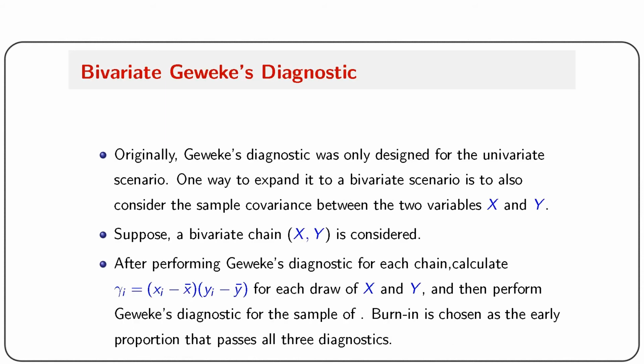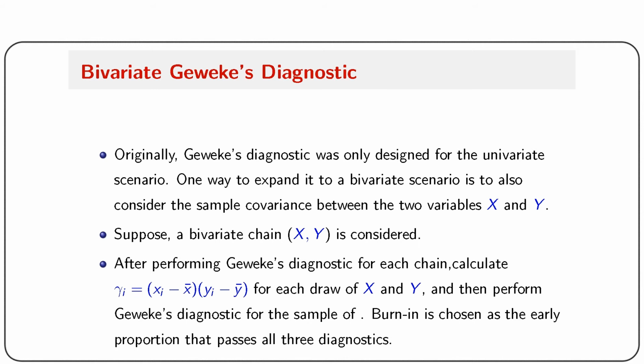Originally, the Geweke diagnostic was only designed for the univariate scenario. One way to expand it to a bivariate scenario is to also consider the sample covariance between the two variables x and y. Suppose a bivariate chain x and y is considered.